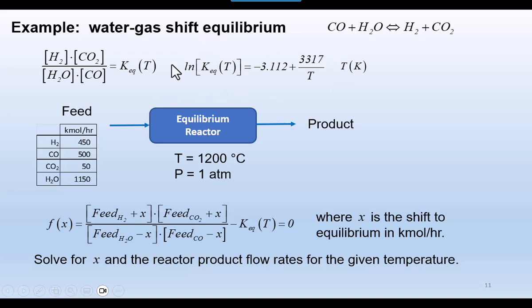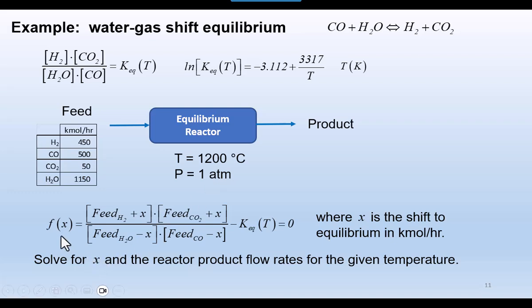This is a relationship for that equilibrium constant, which can be obtained from the literature. So we set up an example of a reactor operating at 1200 Celsius, noting that the temperature here is in kelvins, at nominal pressure of 1 atmosphere.